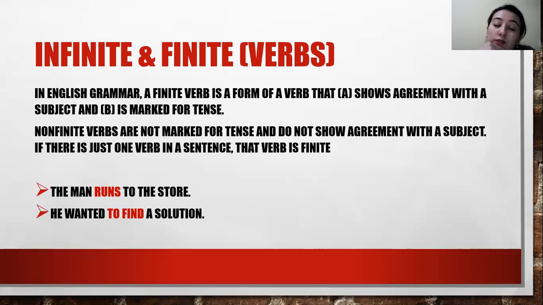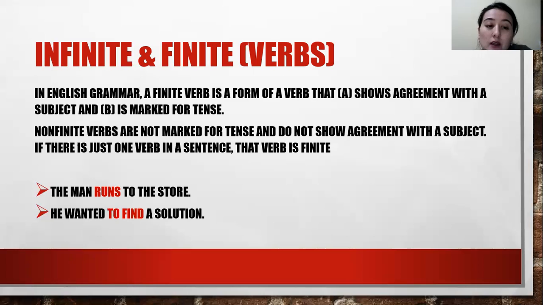So, he wanted to find a solution. There are two verbs, wanted and find. The word to find is marked here. This means that we have to analyze this word only. It doesn't show any tense, or any agreement.